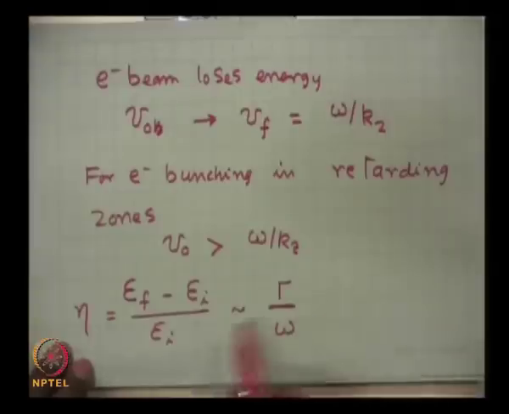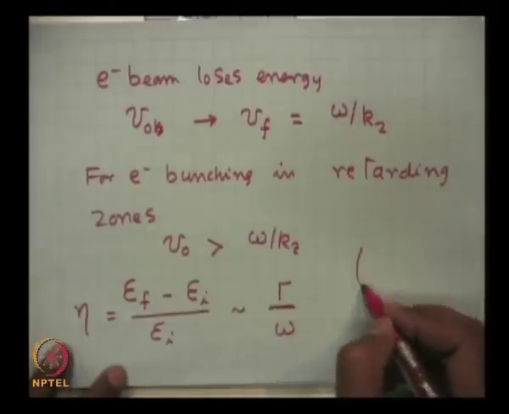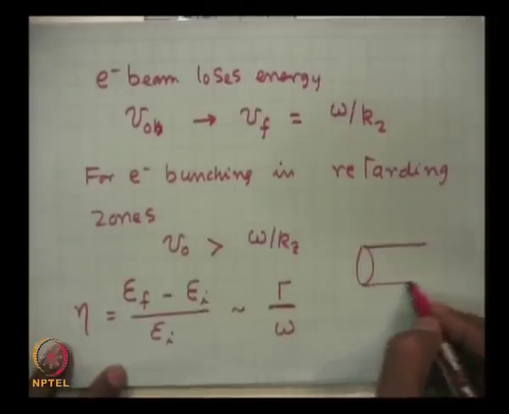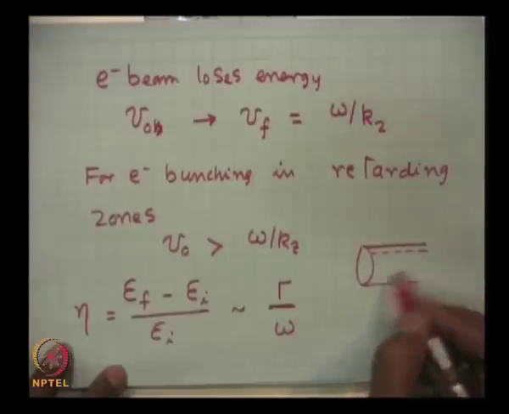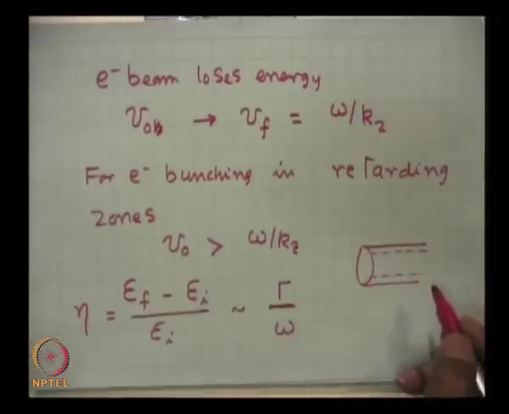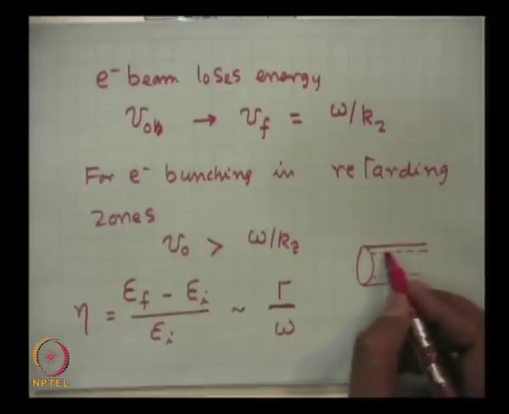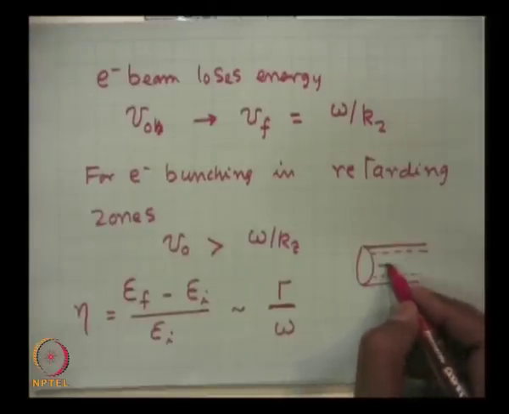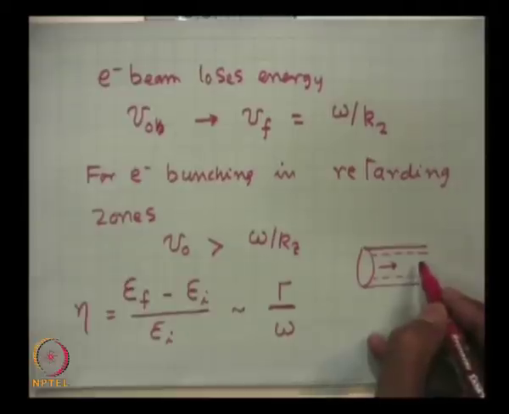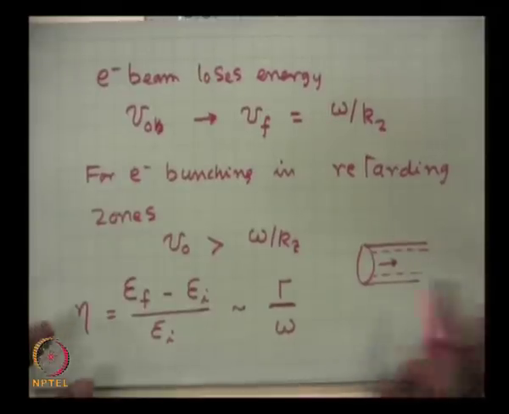You can improve the efficiency by forcibly slowing down the wave. You know what we have done in the waveguide: you have a lining like this, there was a dielectric here. If you taper the waveguide, then when the wave travels, it becomes slower and slower. So what will happen?